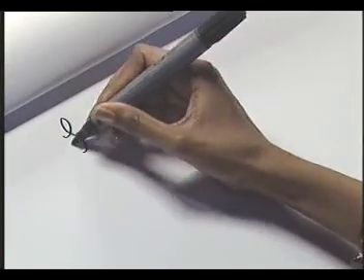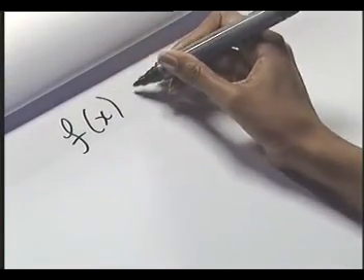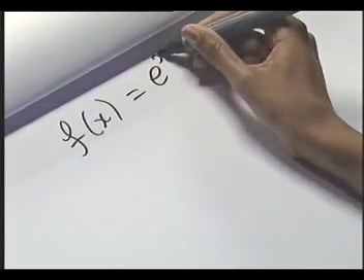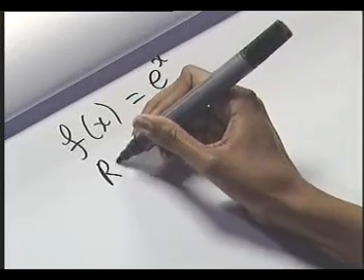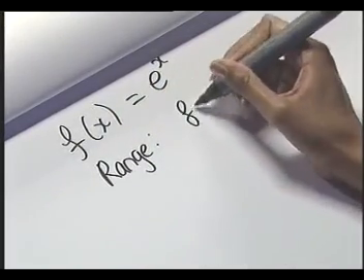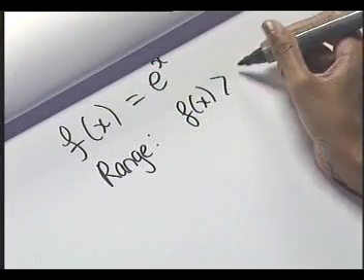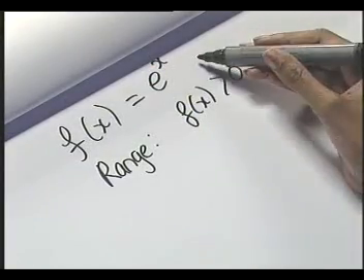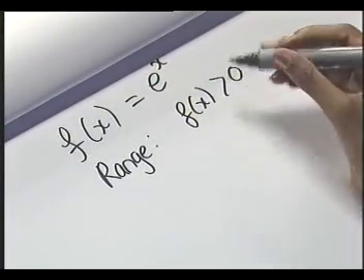The range of a function is the set of all the values a function can take. So for example, if f of x was e to the x, the range is given by f of x is greater than 0, because e to the x can only be greater than 0.